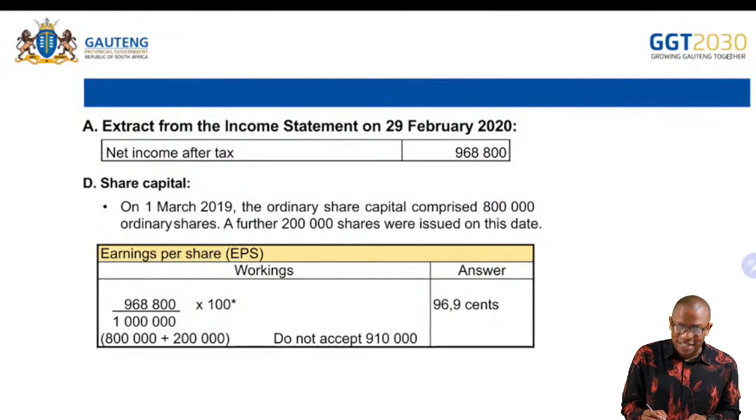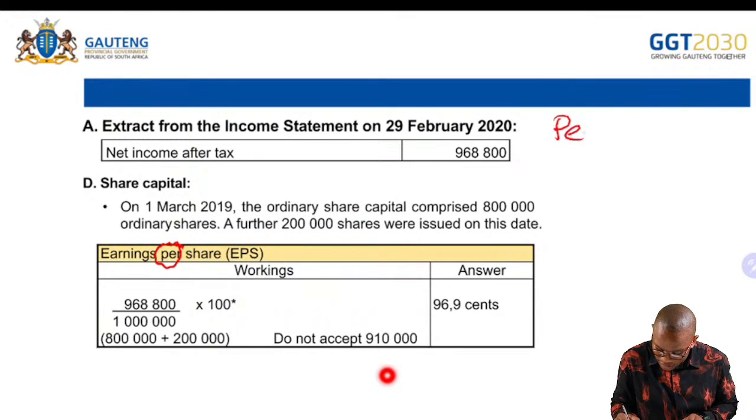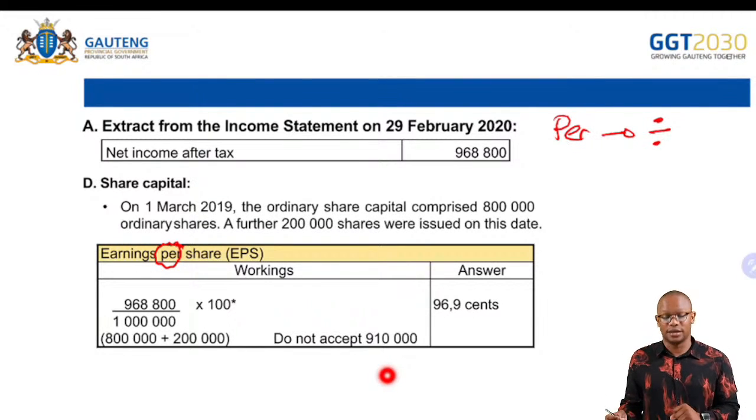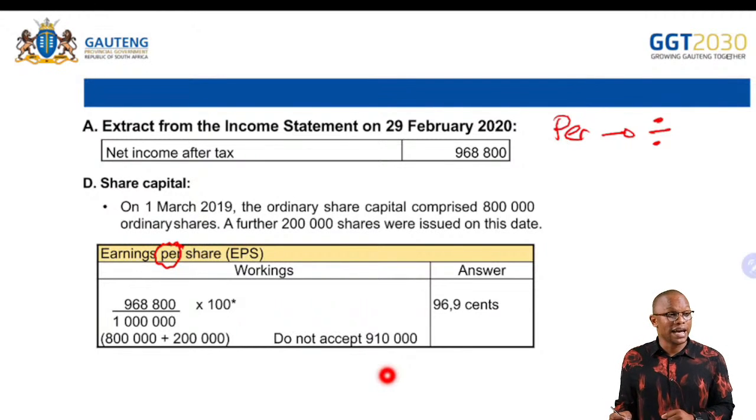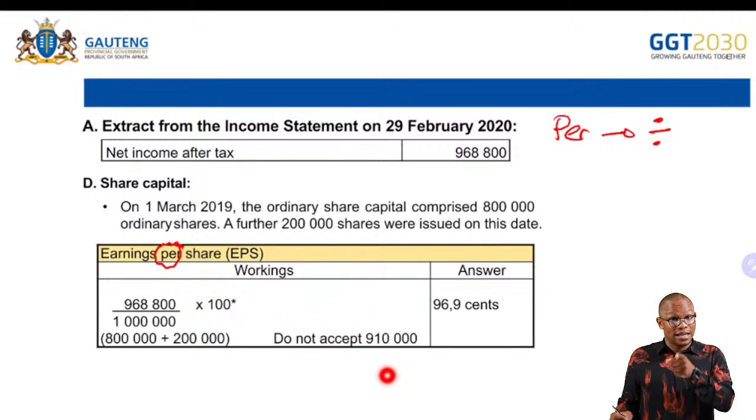On this one, if you see any financial indicator with the word per, you must know that this per means a division sign. So the formula here is earnings divided by shares.